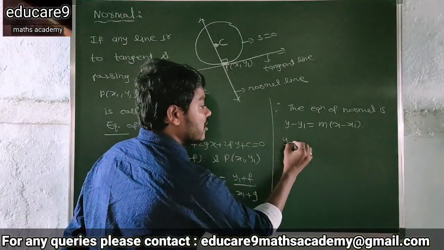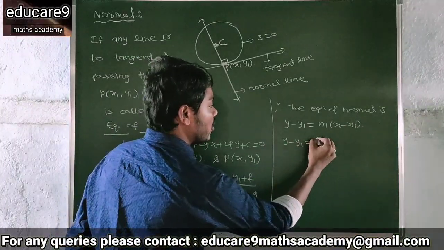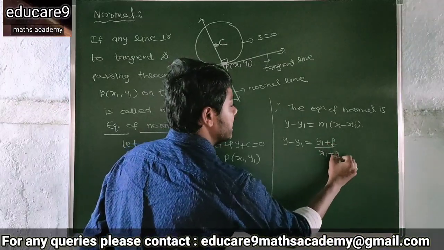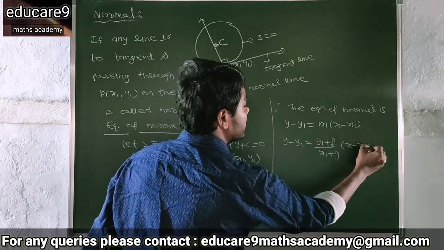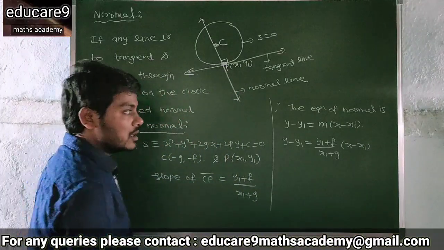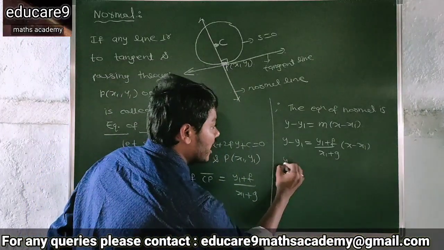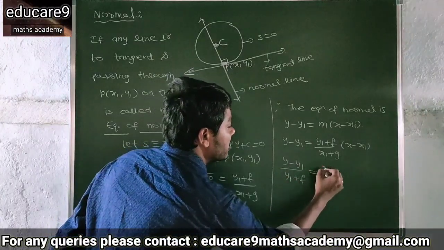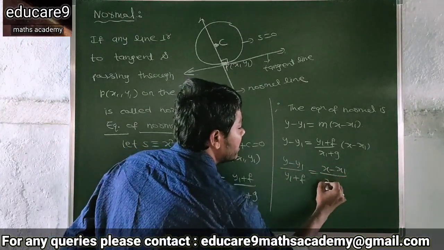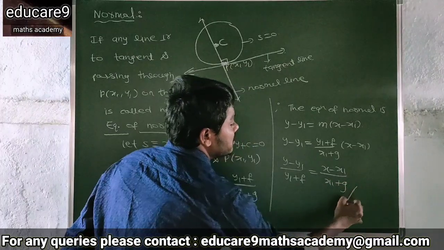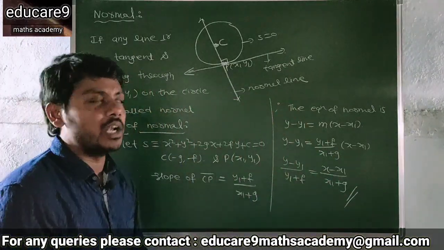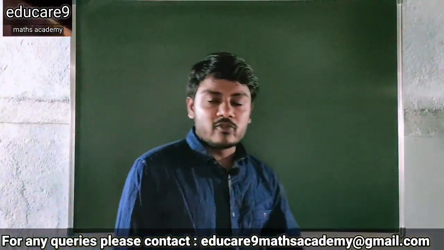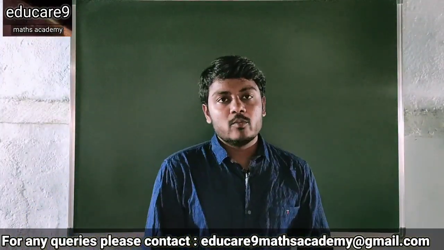So that is y minus y1 is equal to (y1 plus f) by (x1 plus g) into (x minus x1). Okay. So this is (y minus y1) by (y1 plus f) is equal to (x minus x1) by (x1 plus g). So this is the equation of the normal to the circle S equals 0. So for the next session we will discuss more problems.